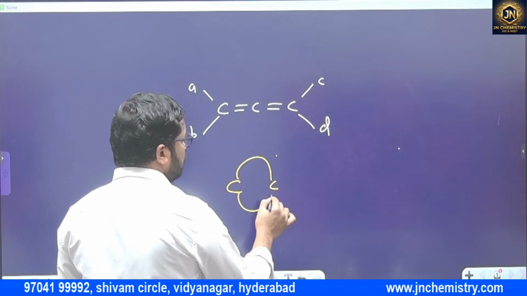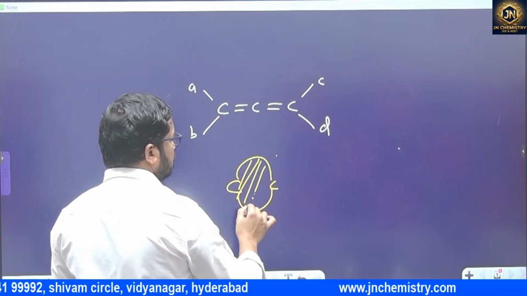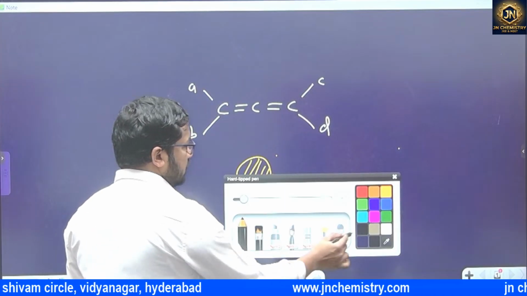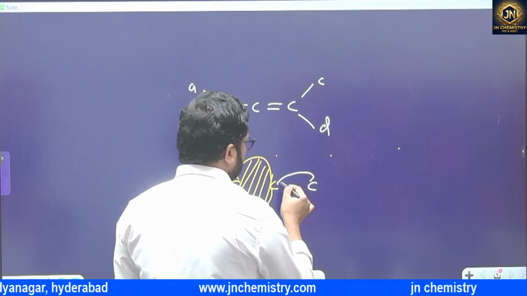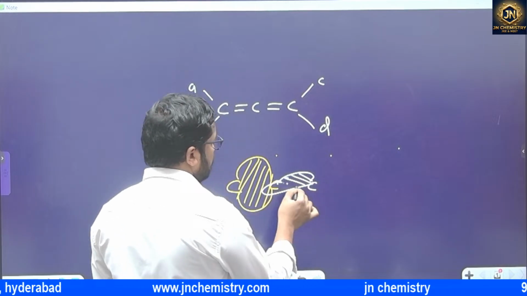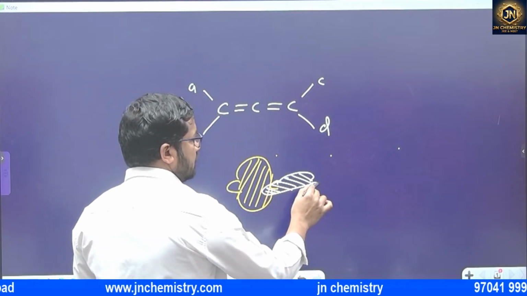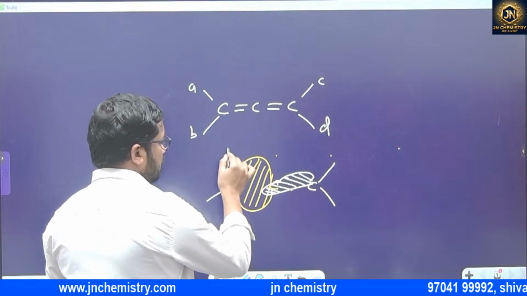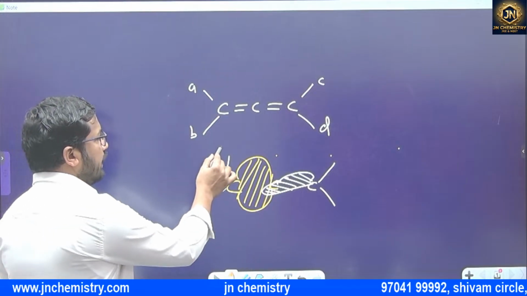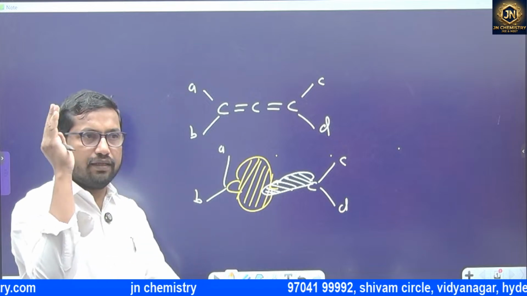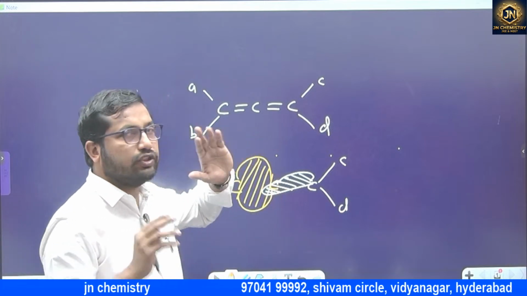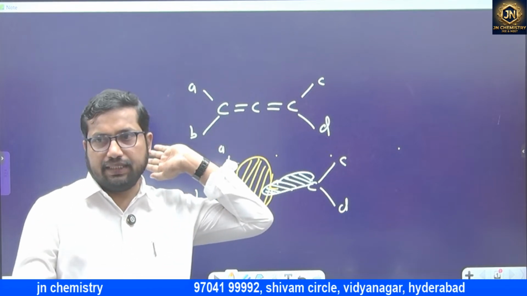Why? Both are perpendicular to each other, like this. For example, A, B, C, D. Both are perpendicular. We know same side means cis, opposite side means trans.